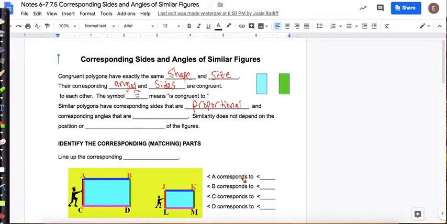But they're still proportional, with corresponding angles that are congruent. So the angles are still congruent in similar polygons, but they have a different size. Similarity does not depend on the position or orientation of the figure.